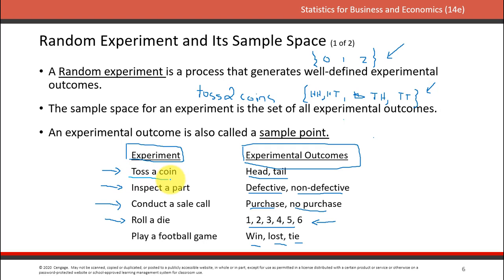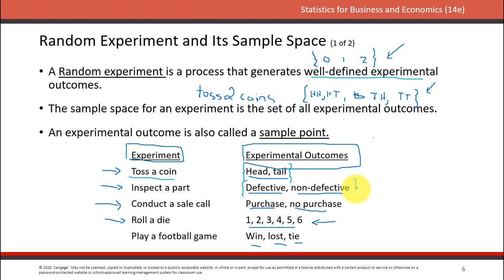So tossing a coin, and we get well-defined experimental outcomes. Well-defined means we can say what the outcomes are. Here we can say what the outcomes are, heads and tails. And here, inspecting a part, we can say clearly what we could consider the outcomes.